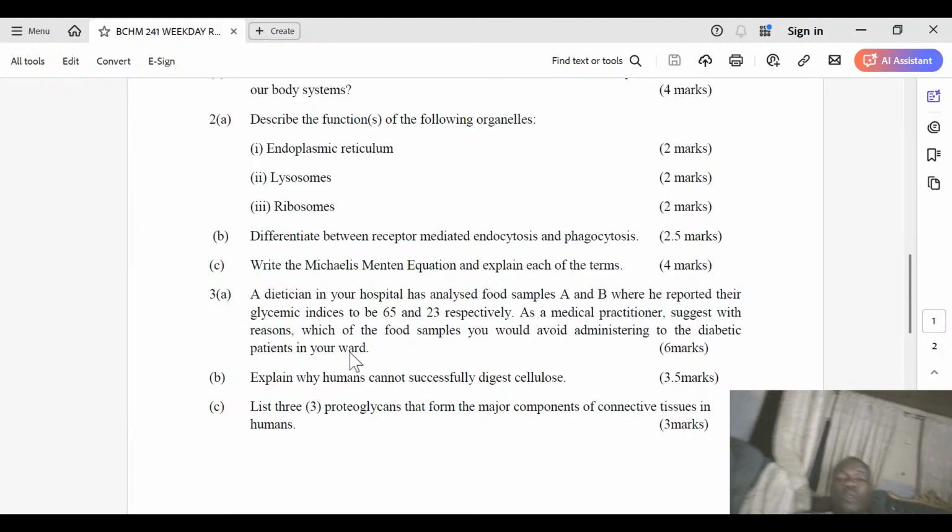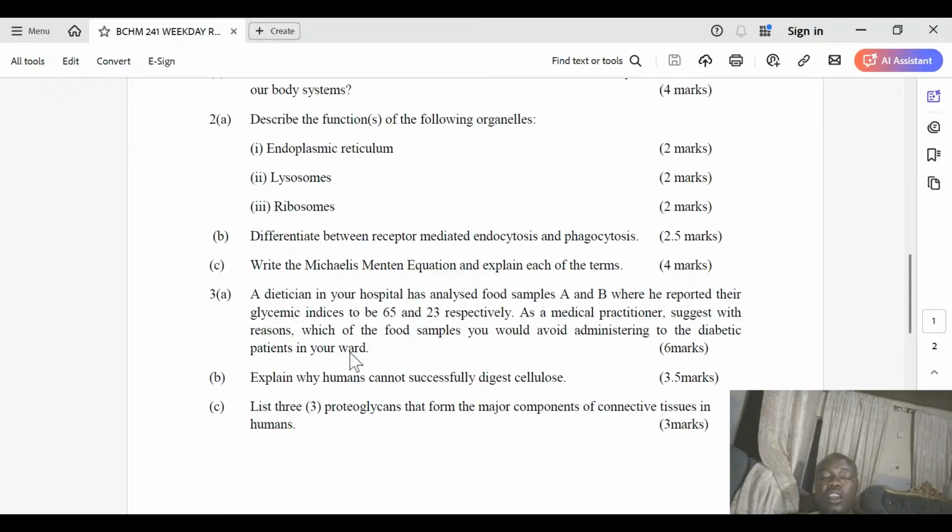Okay. So now you see the question says a dietitian in a hospital has analyzed food samples. We have food sample A and food sample B. Sample A has a glycemic index of 65, and sample B has a glycemic index of 23.